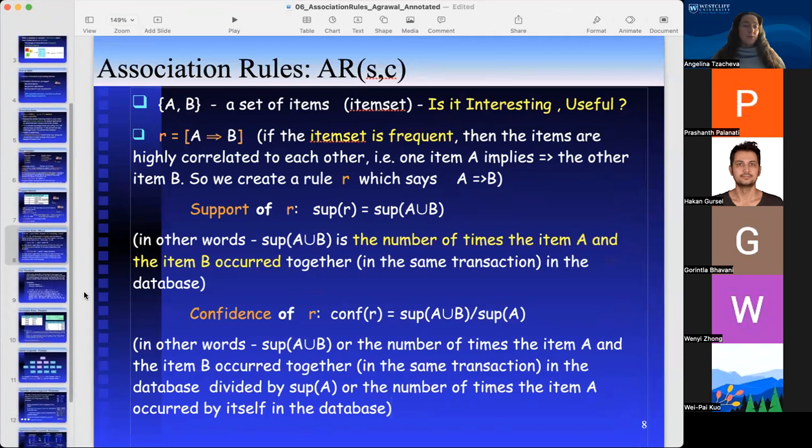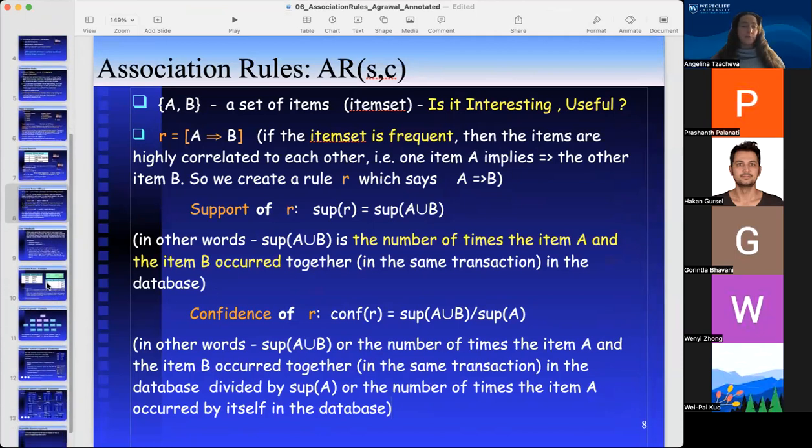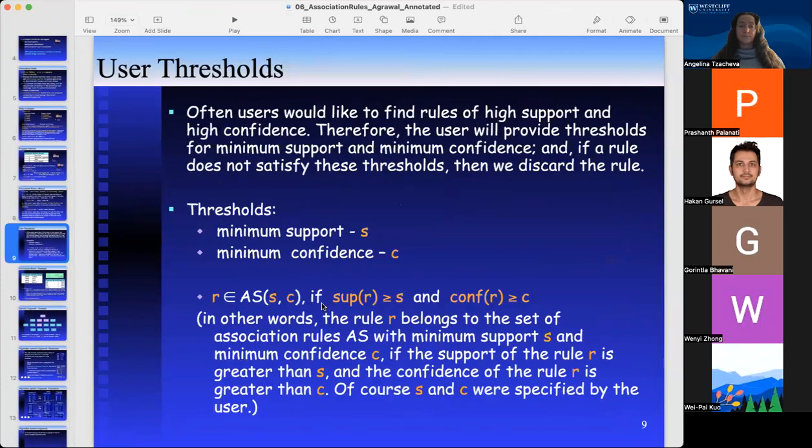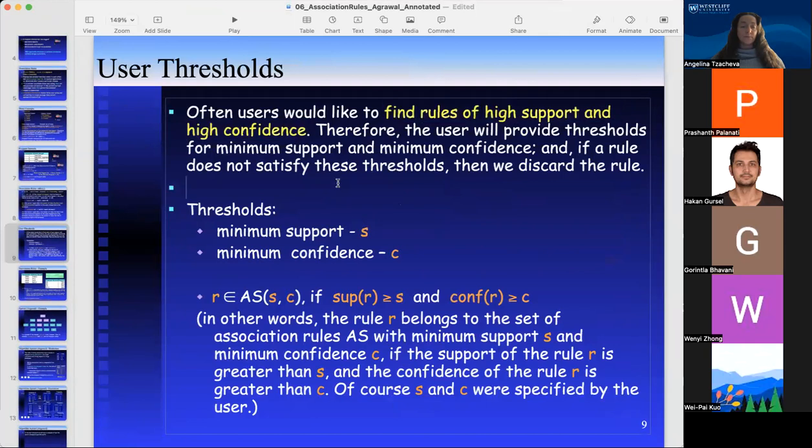So those two measures we can calculate on every rule to determine if the rule is interesting or useful. The users would like to find rules of high support and high confidence. The user is the one who provides the threshold.